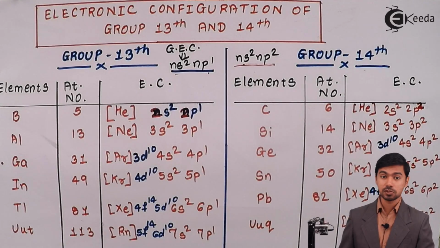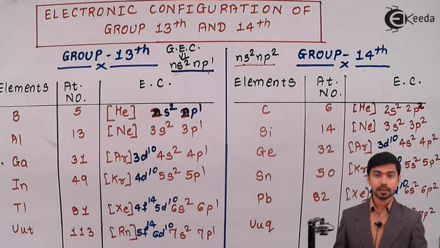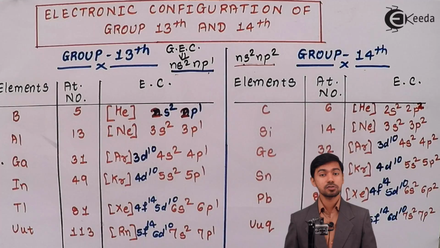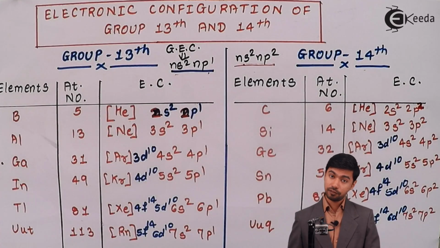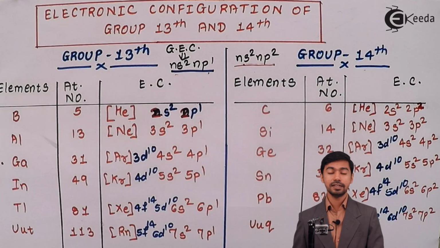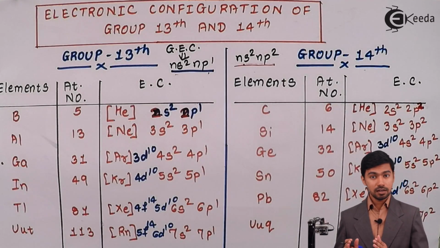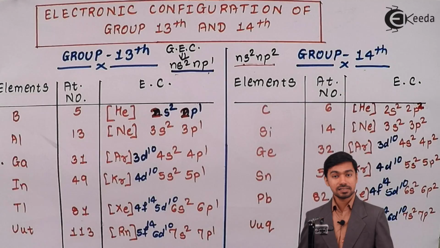The modifications were 3d10 in the case of period 4, 4d10 in period 5, 4f14 and 5d10 in period 6, and 5f14 and 6d10 in period 7.